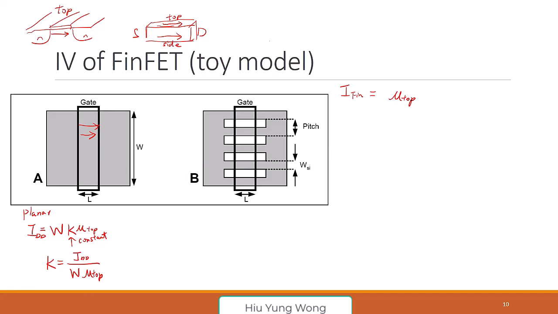Let's look at one fin first. Top surface electron mu top times K, of course, we have this K. And then times the width. What is the width now? It's W_SI. So I'm just talking about the current traveling on the top surface of this fin, meaning here. It's mu top K W_SI.